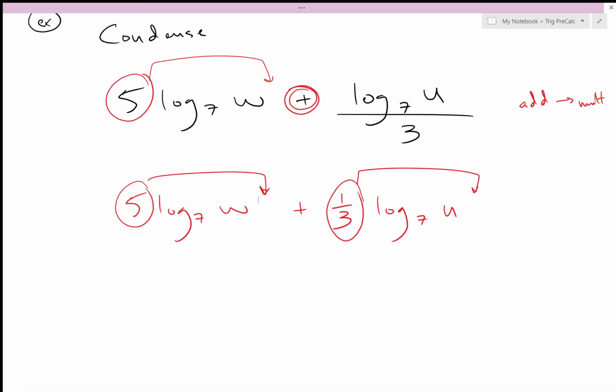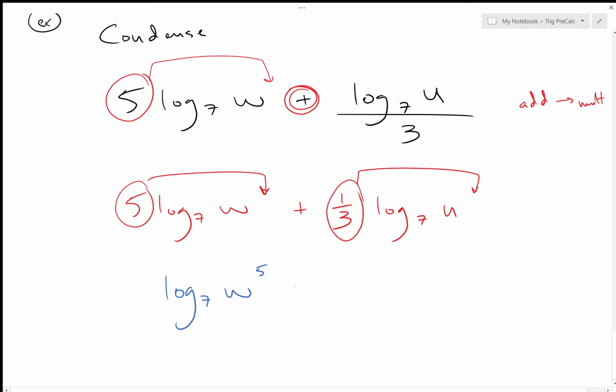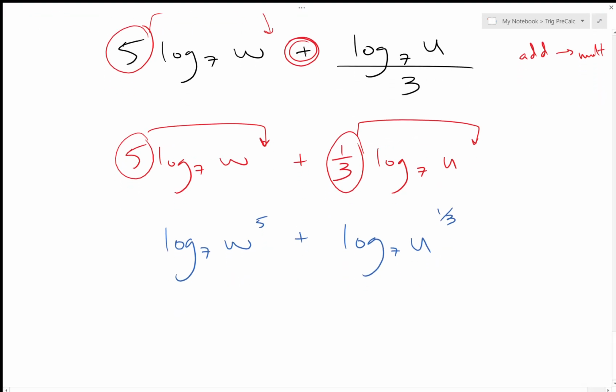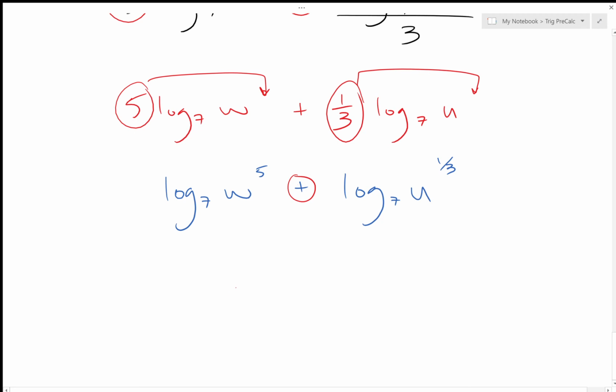So we're going to condense this down. It's going to be 1 log, or we'll go multiple steps. So we'll move the 5 here as the exponent, plus log base 7 of u, 1/3 is the exponent. And remember, this addition is going to become multiplication. So we'll write 1 log with that base 7.